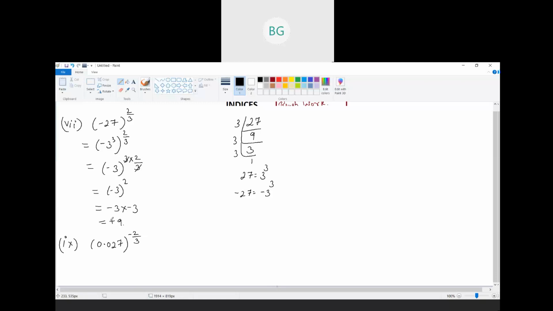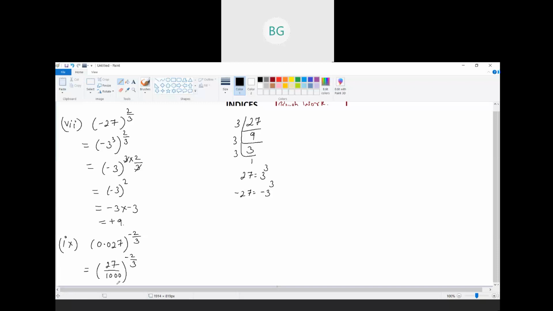So 0.027 can be written in fraction form as 27 by 1000, raised to minus 2 by 3.